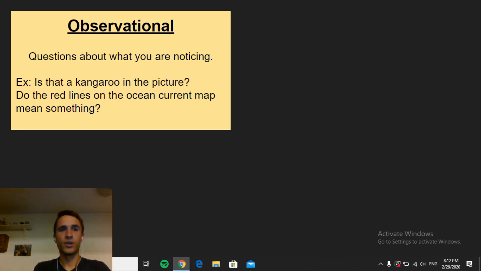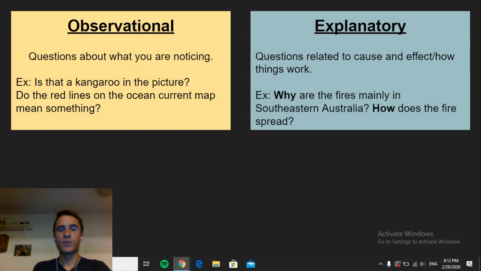The second type of question are called explanatory questions. Explanatory questions are questions related to cause and effect or how things work, right? Frequently, explanatory questions start with why or how. Examples being, why are the fires mainly in southeastern Australia? How does the fire spread, right? They're questions related to what's causing what, how is it affecting this, how do things work, right?